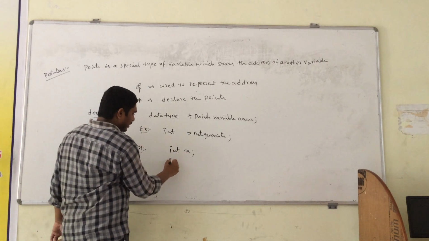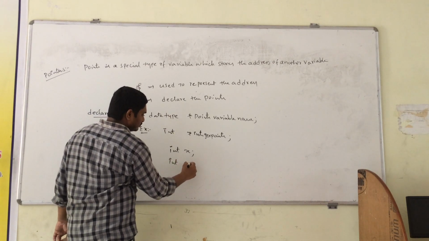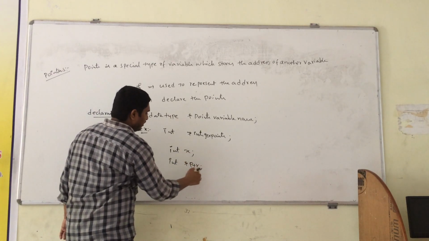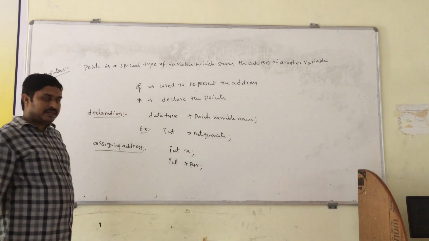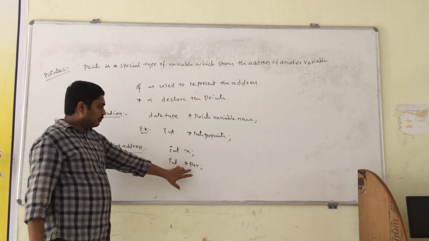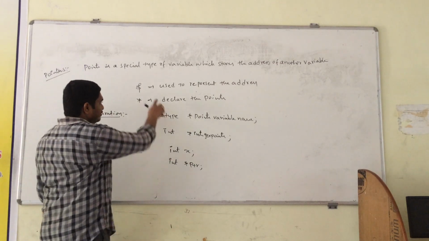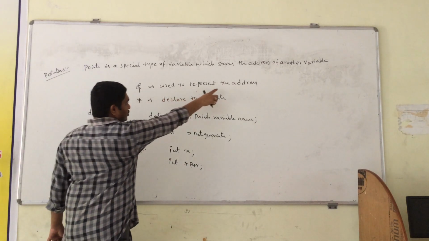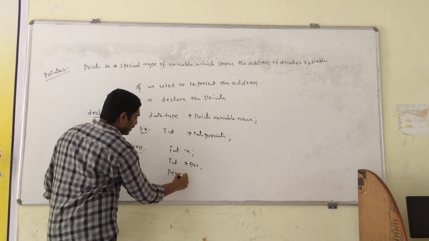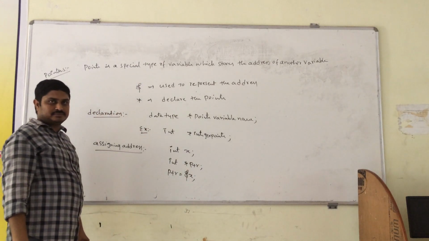So I'm taking the integer pointer, int *ptr. I'm taking the name ptr. If I want to store the address of x into the pointer variable, we use the ampersand symbol. Ampersand is used to represent the address. Hence, ptr is equal to &x.